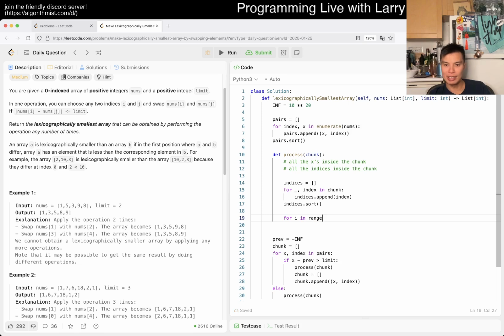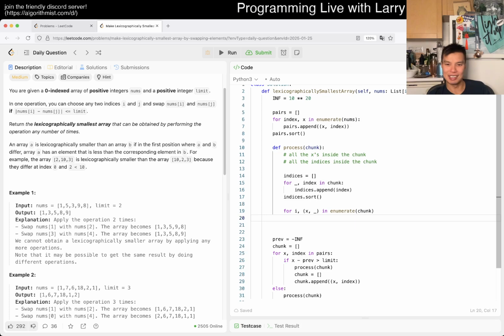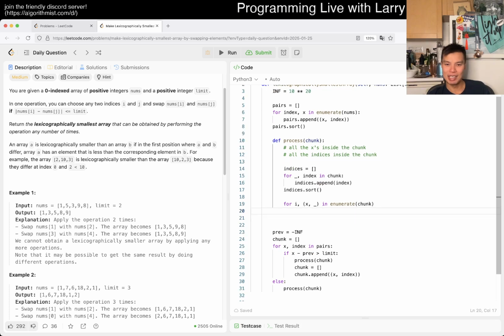For i in range of length of chunk, we have chunk of i, 0. This part's a little bit ugly. I want to write something like i, x in enumerate chunk, and then the original index, which we sorted and don't care about anymore. Maybe this interface is a little awkward, so maybe we can write this here instead.